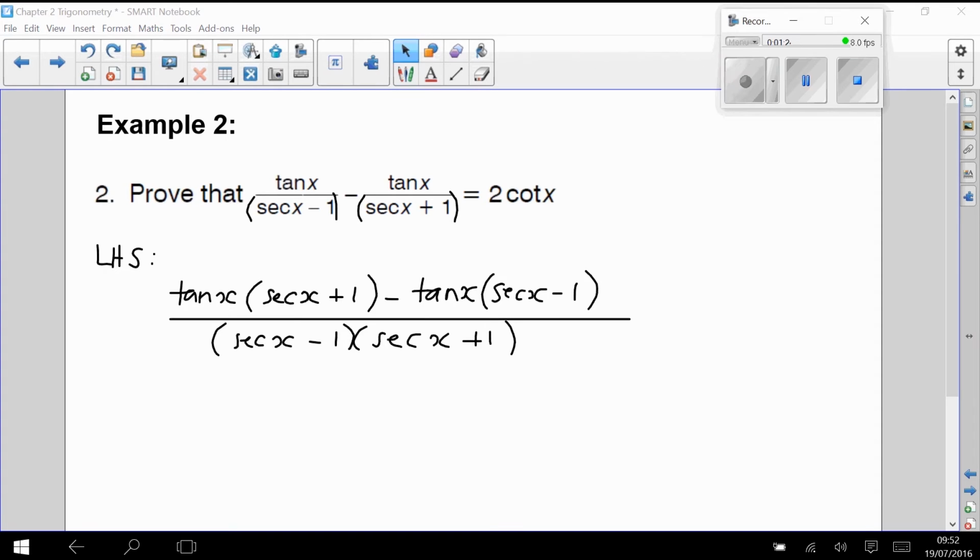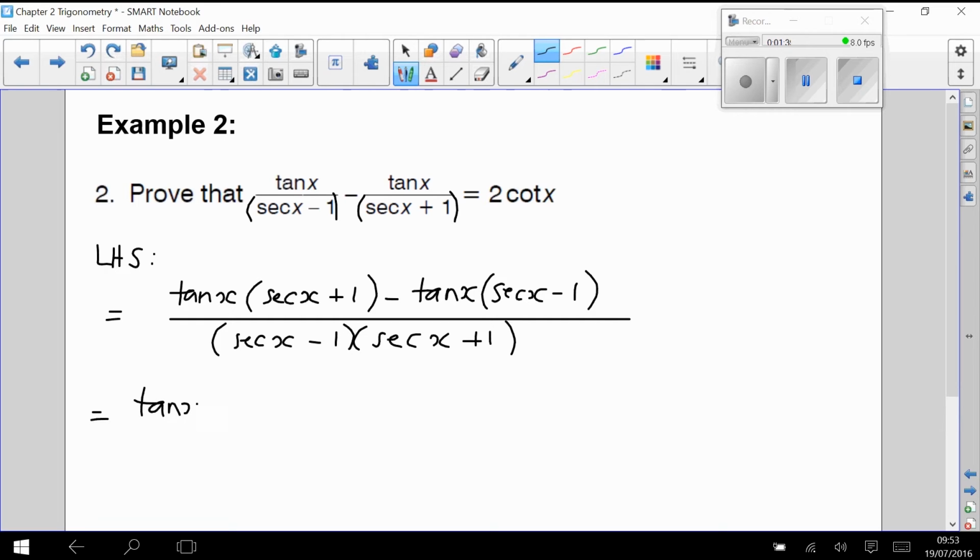In my next step, I'm going to multiply out the terms in the numerator and the brackets in the denominator. So the numerator is now going to be tan x times sec x plus tan x, and then minus tan x sec x plus tan x.